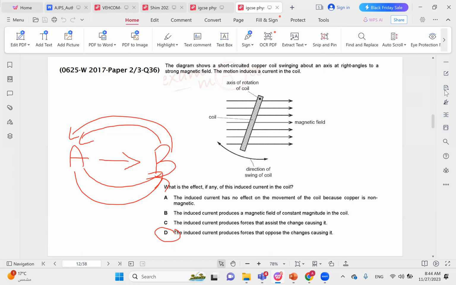So in principle, if A creates B, B has to reduce or oppose A. Otherwise, you would have infinite energy. And while we wish we had infinite energy, this is not realistic in real life. So definitely, anything induced has to oppose the change that caused it. So the correct choice here would be choice D.